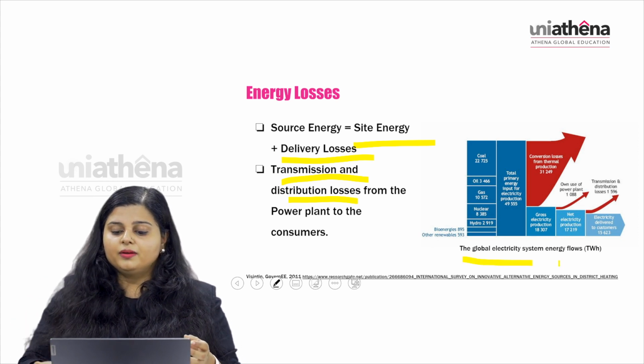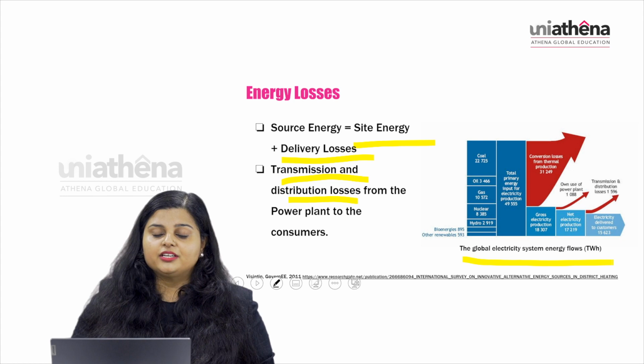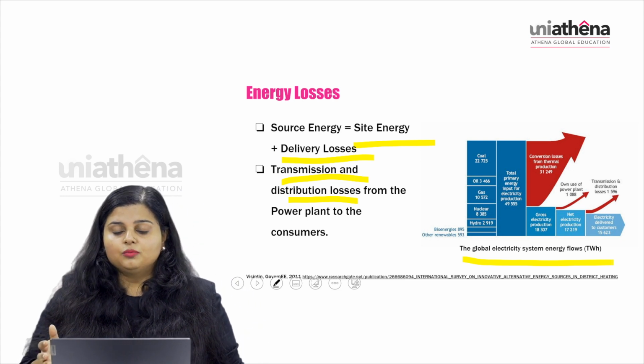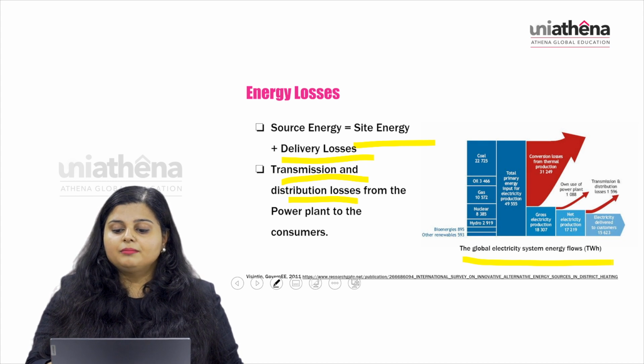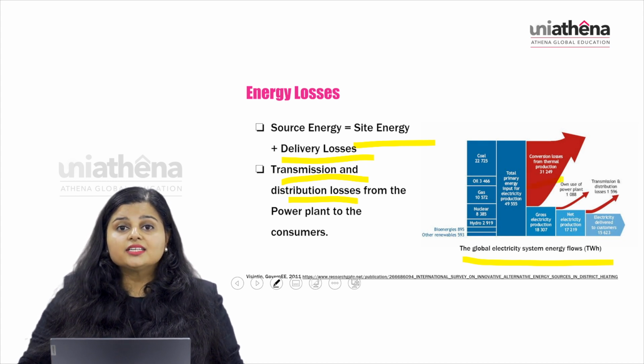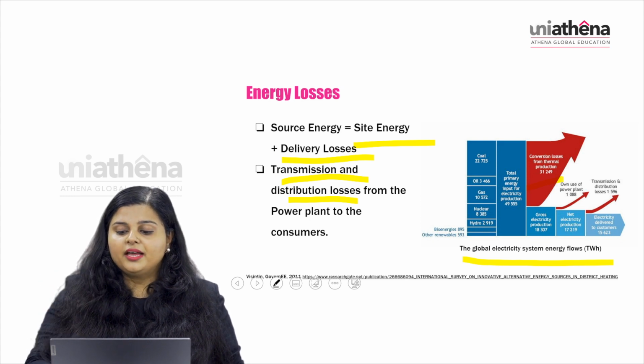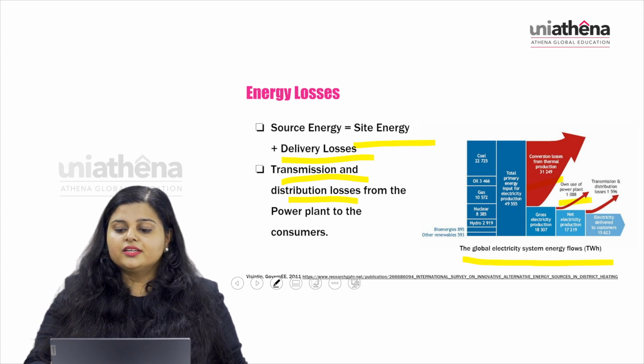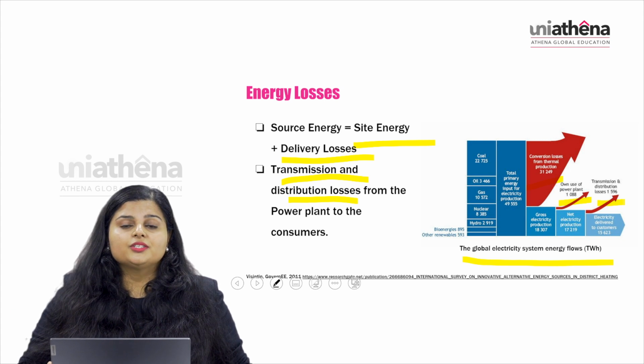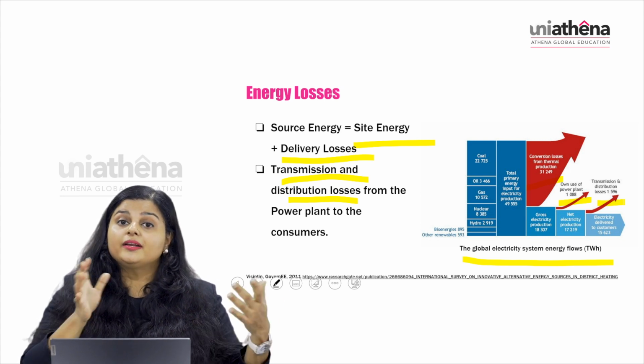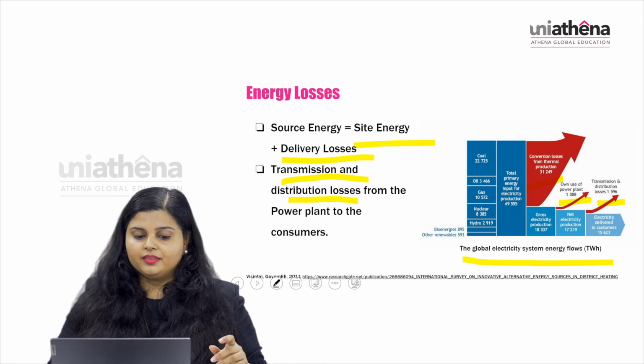If you look at the global electricity system energy flows, given in trillion watt hours, you can see that the conversion losses from the thermal production are quite considerable, that the own use of a power plant would be lower, and that the transmission and distribution losses are also quite significant when compared to the production units.